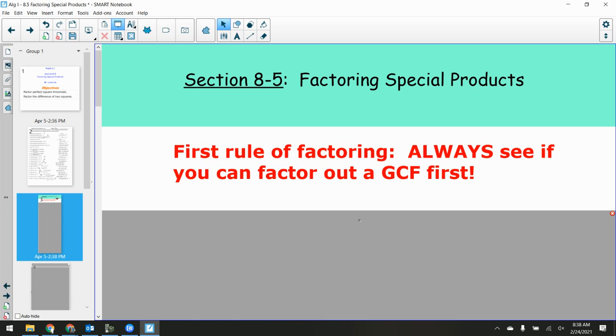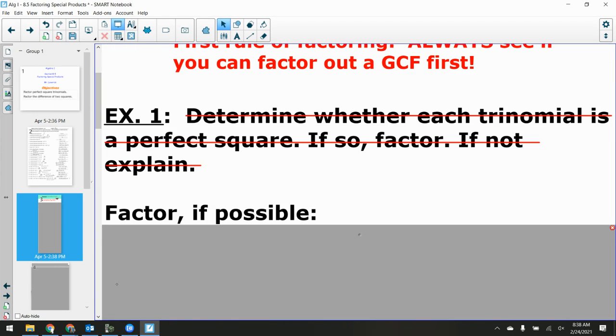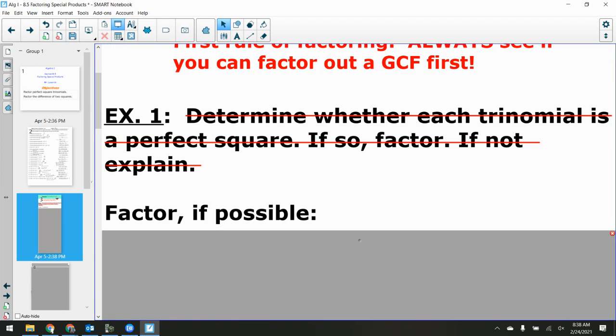Okay? So now the directions here say, determine whether each trinomial is a perfect square. If so, factor. If not, explain. You do not have to do that. It's going to ask you to do that within the homework tonight, but you do not have to do that. My directions, we're just going to change it to just factor, if possible.